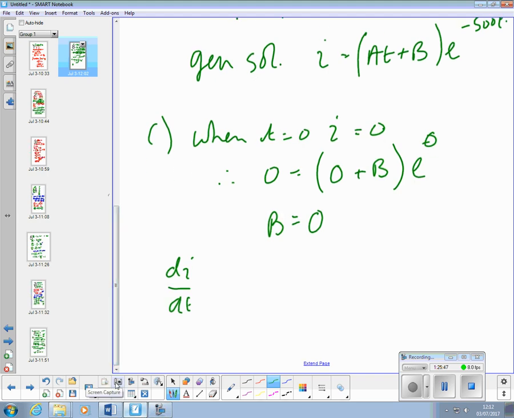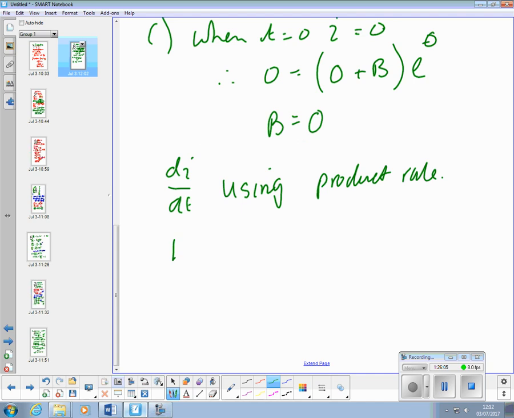We've got a function of t multiplied by another function of t, so we've got to use the product rule. Let u equal at plus b.